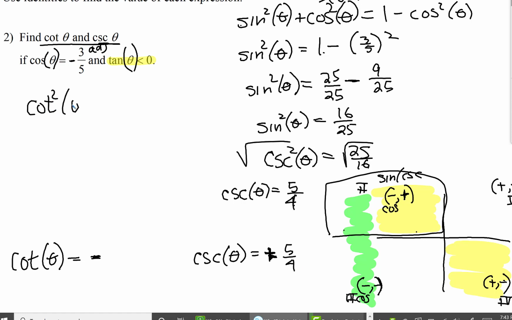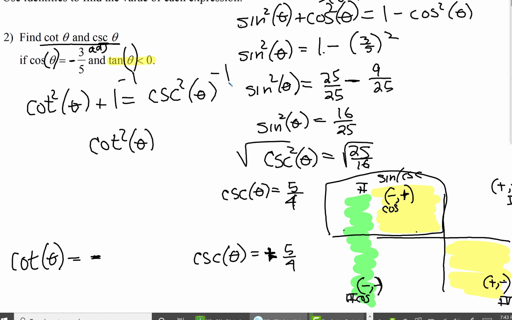Cotangent squared theta plus 1 is equal to cosecant squared theta. Well, we want to get cotangent squared by itself, so now we're going to subtract 1, and cosecant is positive 5/4, so that is squared, subtract 1.